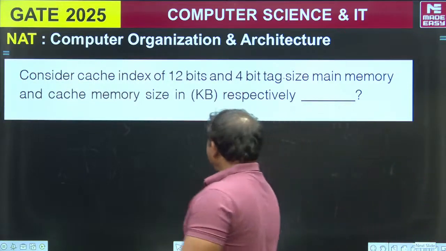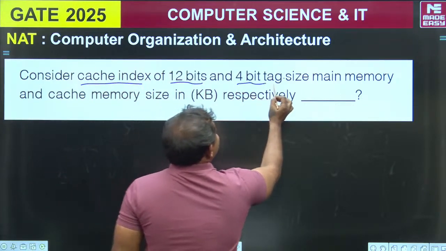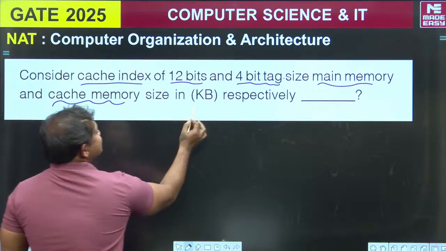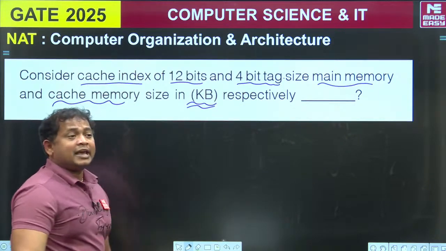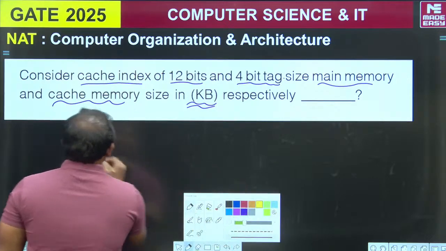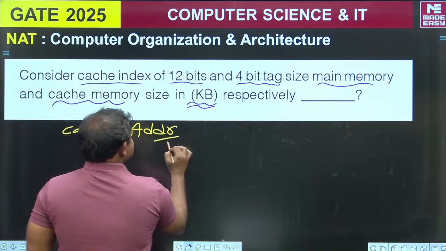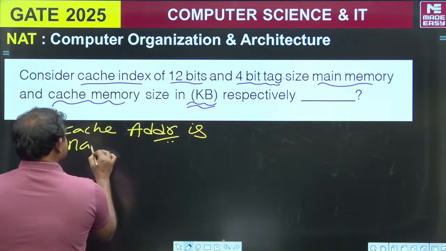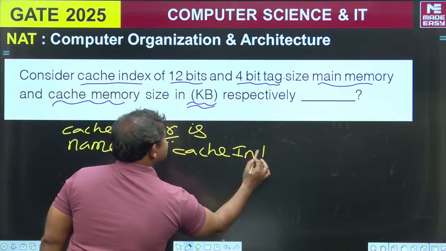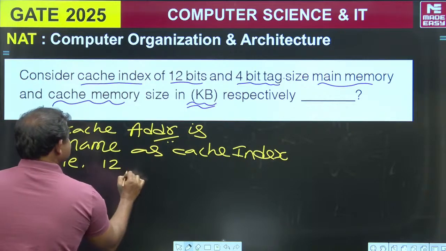The given data is: consider a cache index of 12 bits and a 4-bit tag. We need to find the main memory and cache memory size in KB. Here the cache memory address is named the cache index, already given as 12 bits.